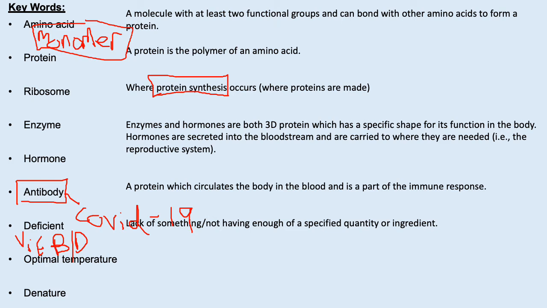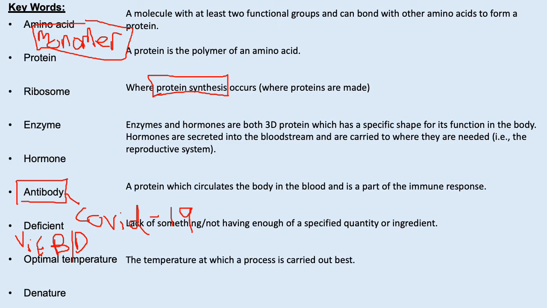So being deficient is not having enough of something. You can also have vitamin C deficiency, which leads to scurvy. That's when you don't have enough fruit in your diet, which happened to a lot of sailors and people that lived on ships quite a few centuries ago.